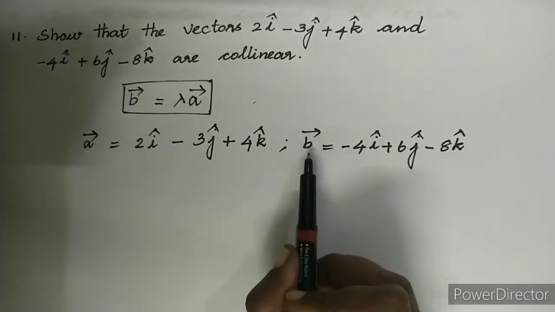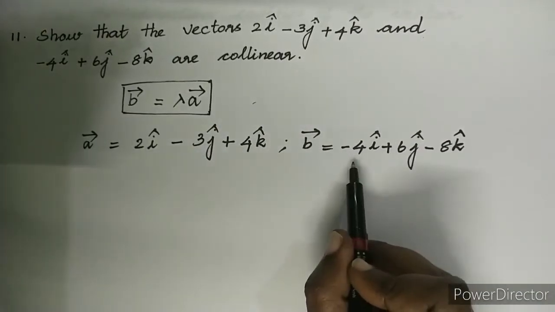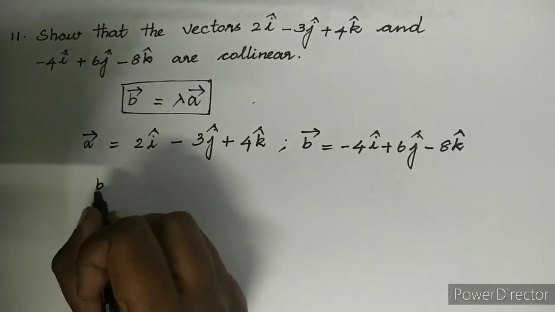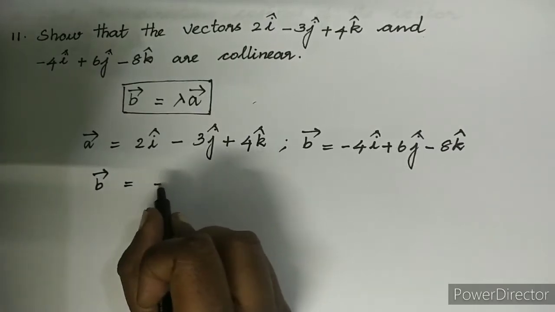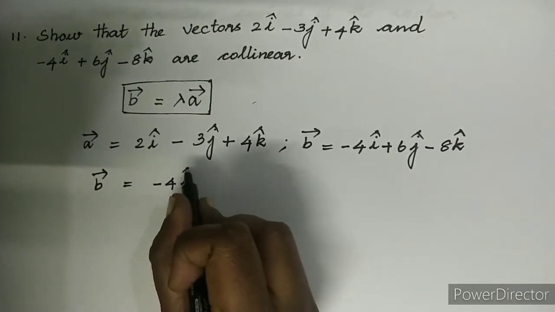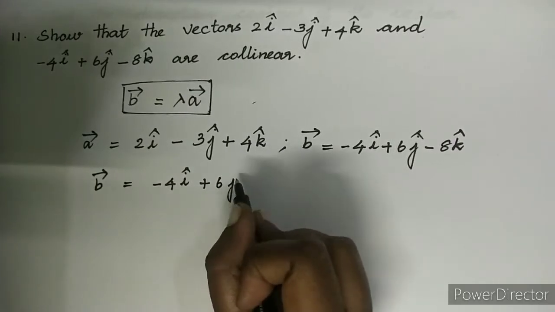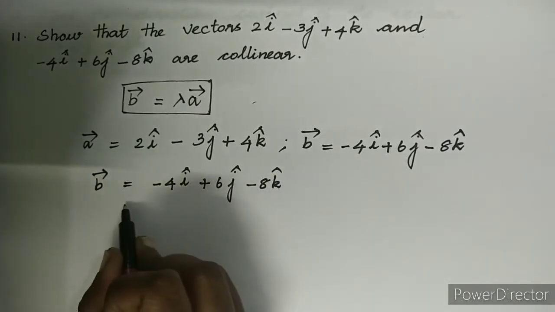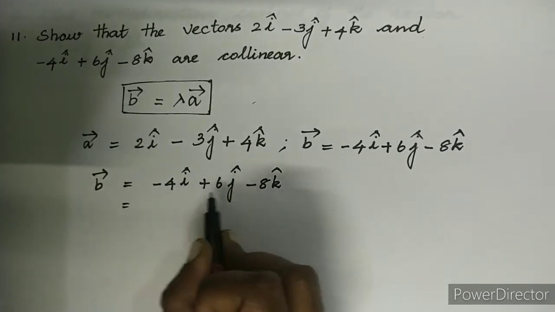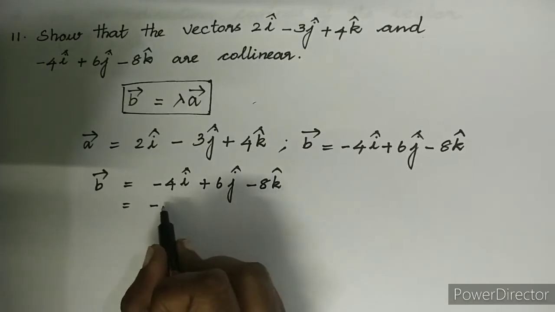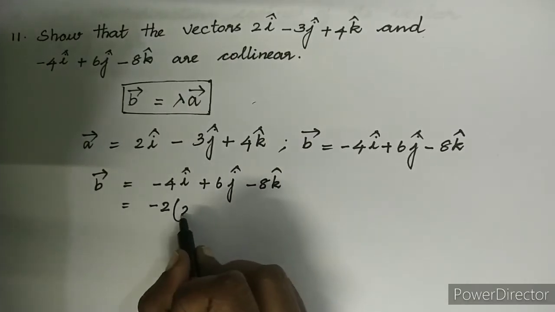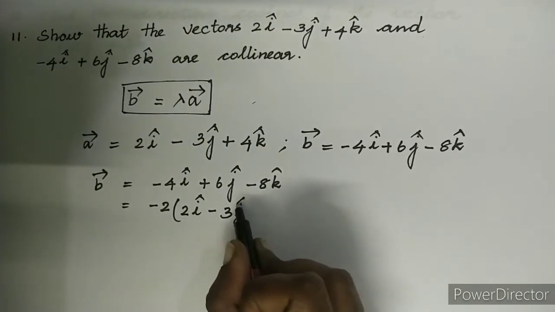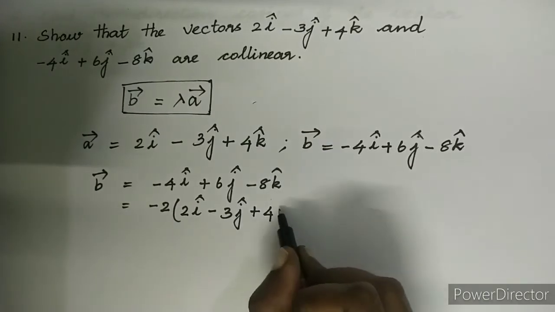Now we are going to take minus 2 outside from all these terms. So if we take minus 2 outside, we will get 2i cap minus 3j cap plus 4k cap.